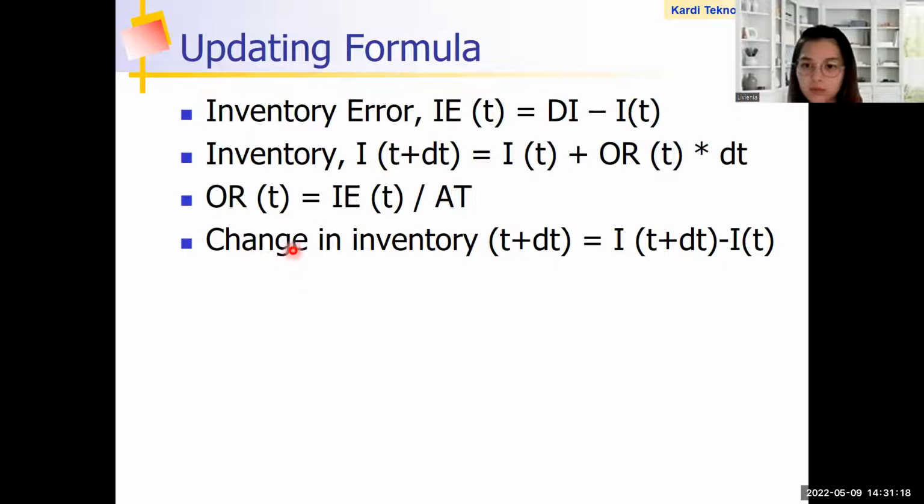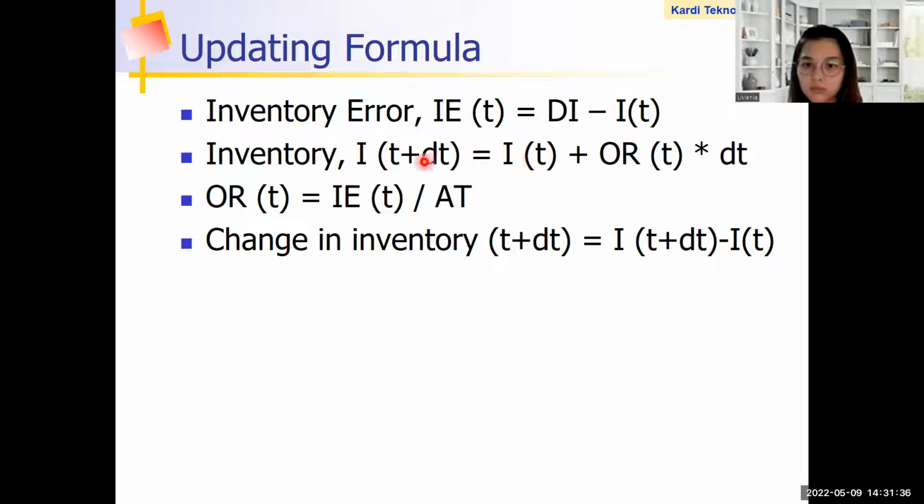So if you want to calculate the inventory error, it is equal to DI, the desired inventory minus I. What is the inventory? The inventory is the level equation. You see that? Accumulation.